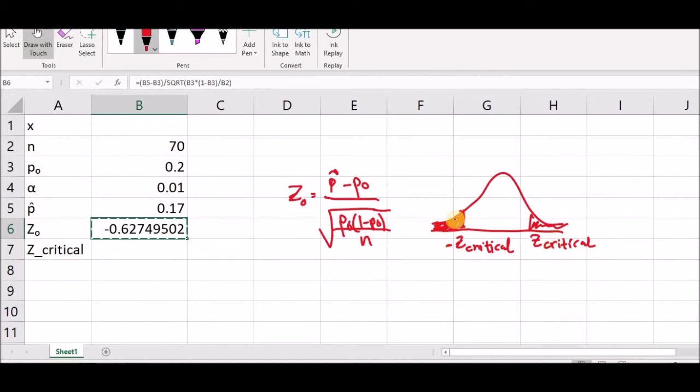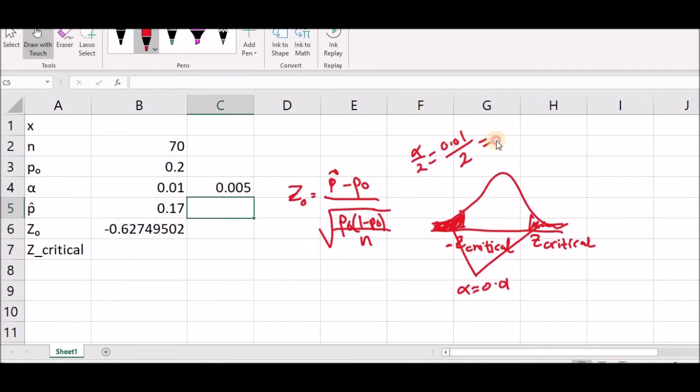So it is sufficient to find a negative Z critical and then multiply it with -1 to turn it into the positive Z critical. I know that alpha is 0.01. That means alpha divided by 2, because alpha is the area in both tails. This is alpha, which is 0.01. So we're going to divide this by 2, which is equal to 0.005.